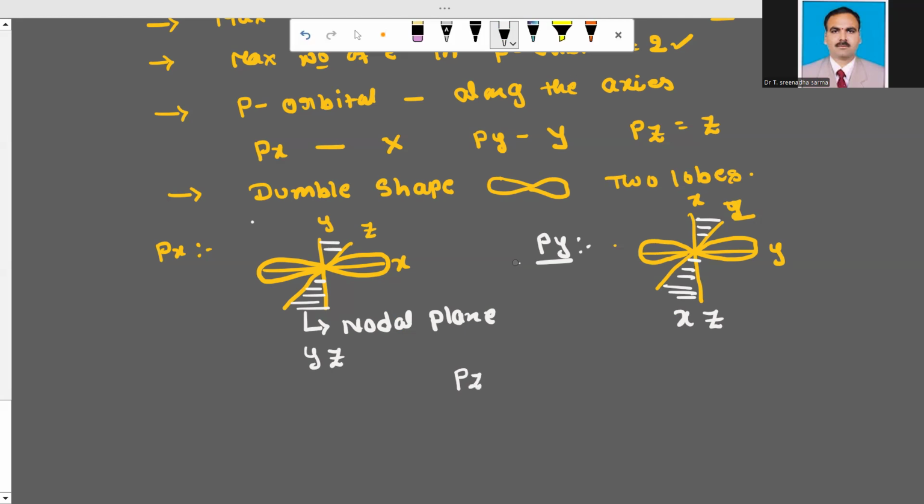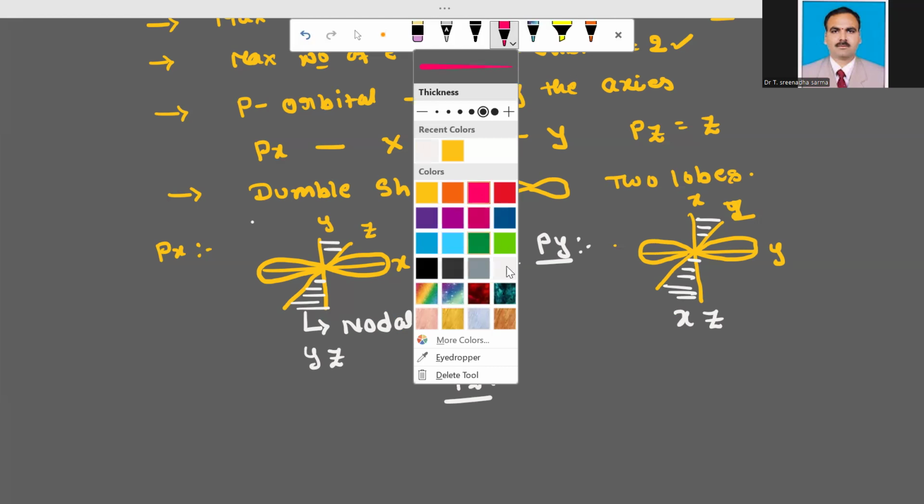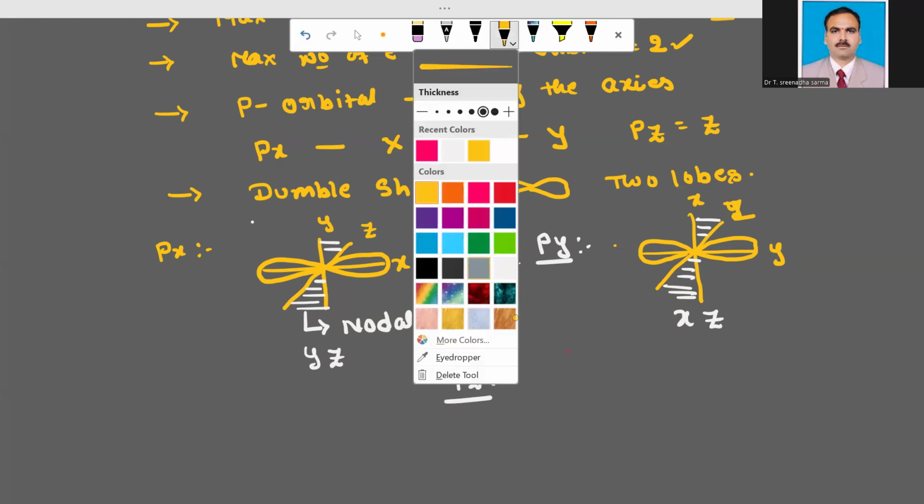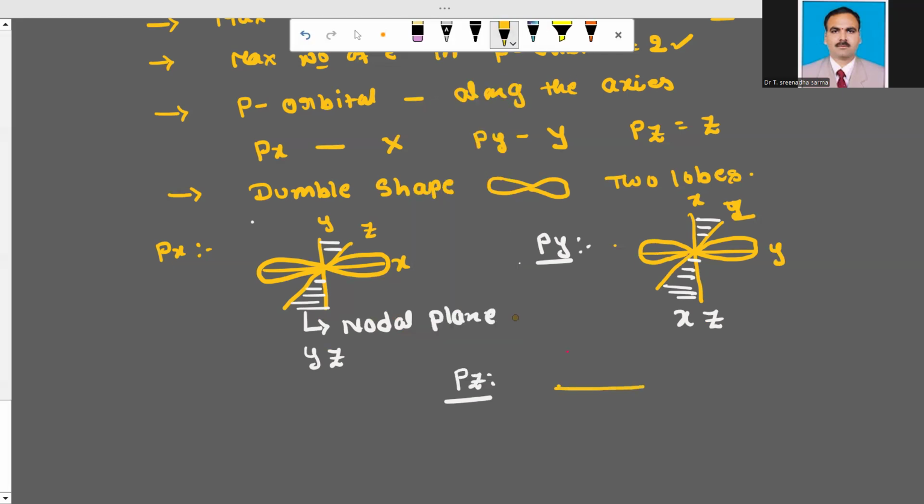Next, pz orbital. In pz orbital, the electron density is concentrated in the z-axis. This axis is the x-axis, and this axis is the y-axis. In this axis, the electron probability value is the maximum.